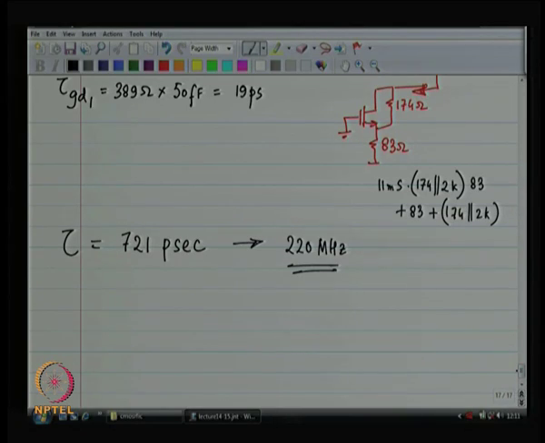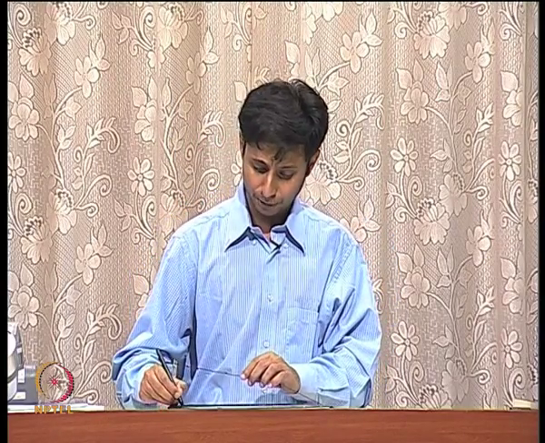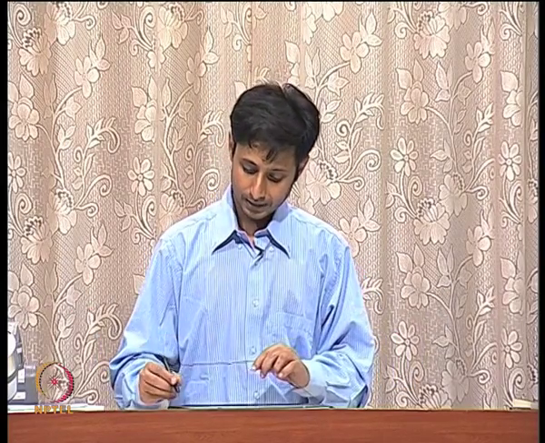So, basically this is how we use the method of open circuit time constants to determine the bandwidth to improve upon our design. If you further want to improve upon your design, then you have to take this as your culprit and work on it, right. You basically identify which is the culprit, work on it, improve the bandwidth. Then again you identify the culprit, work on it, improve the bandwidth, right.